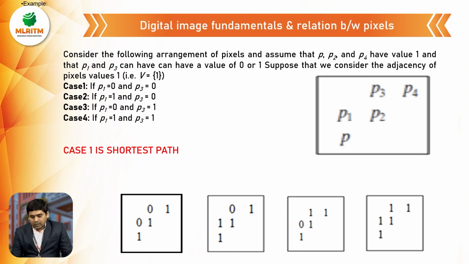Consider the following arrangement of pixels and assume P, P2, P4 have value 1. These intensity values are the same: P has intensity value 1, P2 has intensity value 1, P4 has intensity value 1.